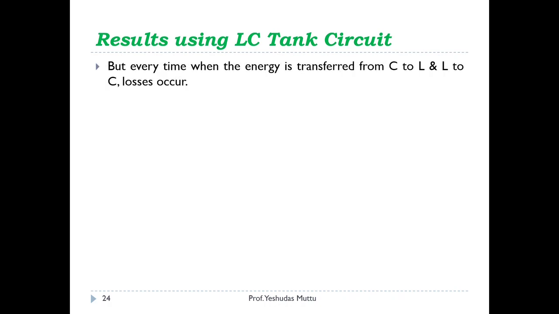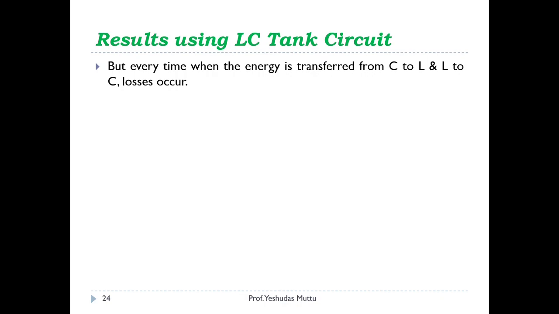Now, what are the results of this LC tank circuit? Every time the energy was getting transferred from capacitor to inductor, and inductor to capacitor, losses occur due to this. These are the losses which I had told you I will be explaining later in the generalized block diagram.